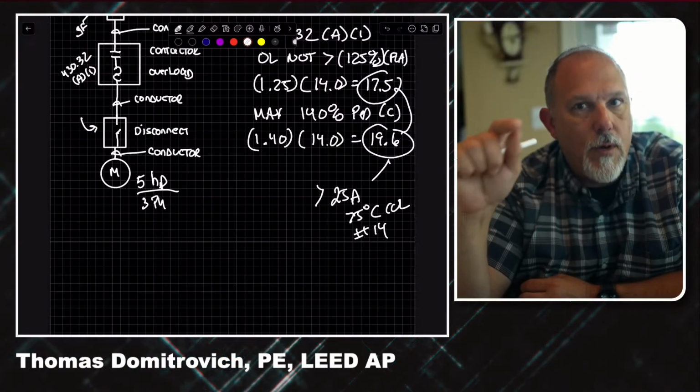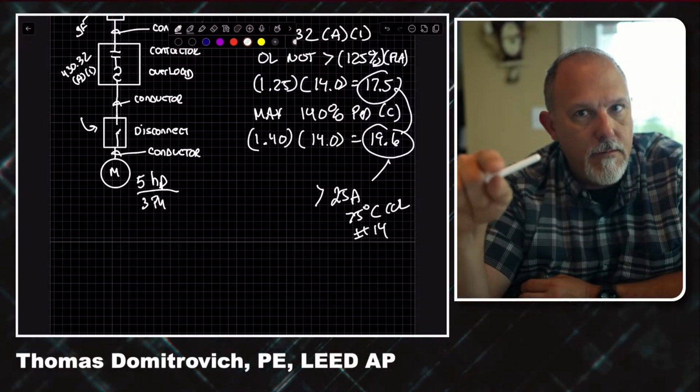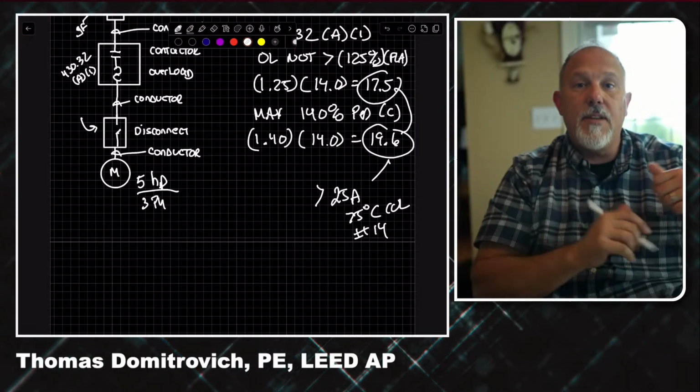I love it when a plan comes together. You see the fundamental that we talked about in 210, in 110.14, in 215 and in 230. We said that the conductor has an ampacity. It is not related to the equipment.